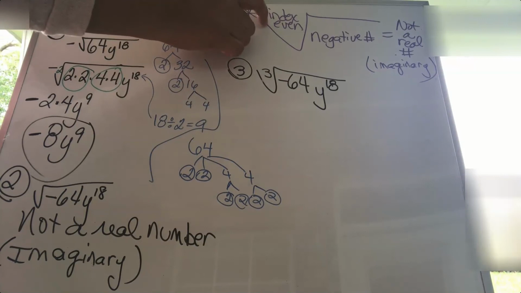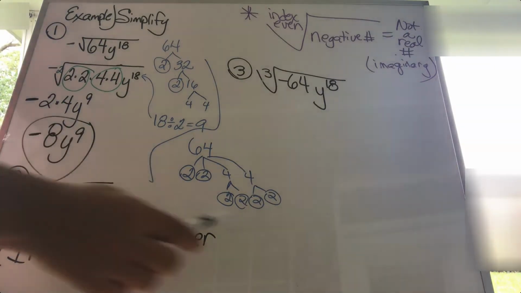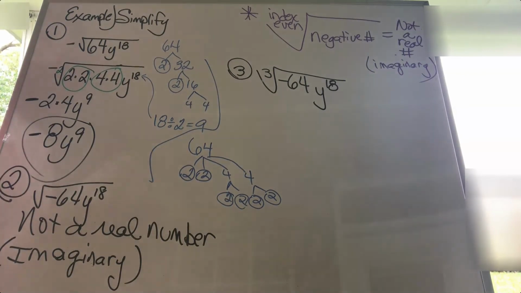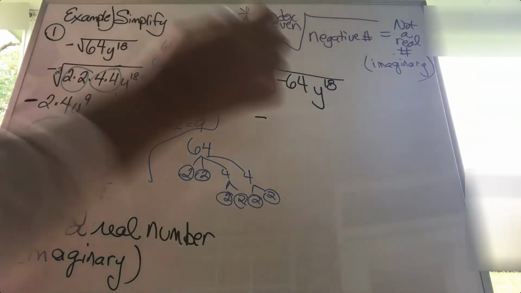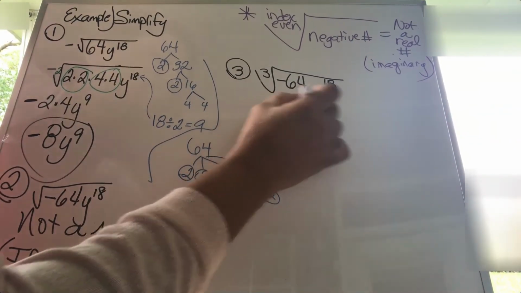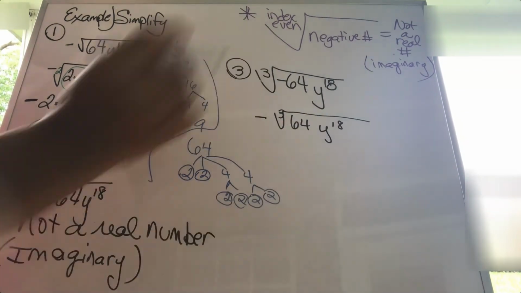The time I have to worry about it is when the index is even. So when the index is odd, I'll be able to pull it out. And notice I didn't even worry about it here, because I know I'm automatically going to pull it out front. Like that.